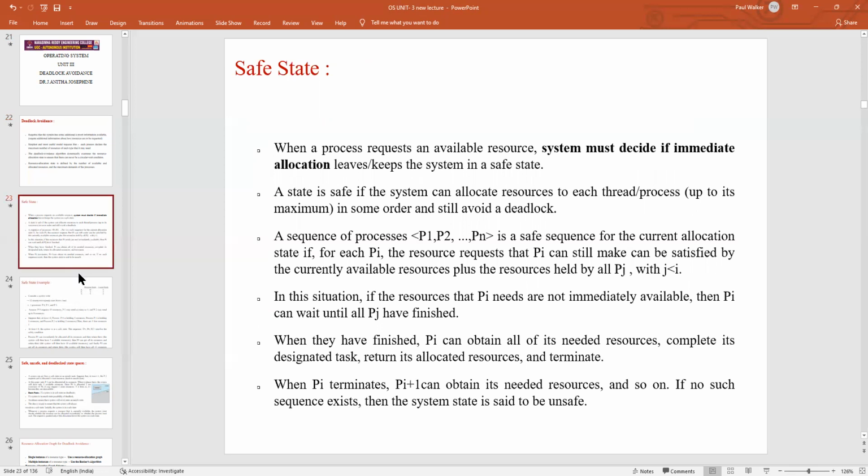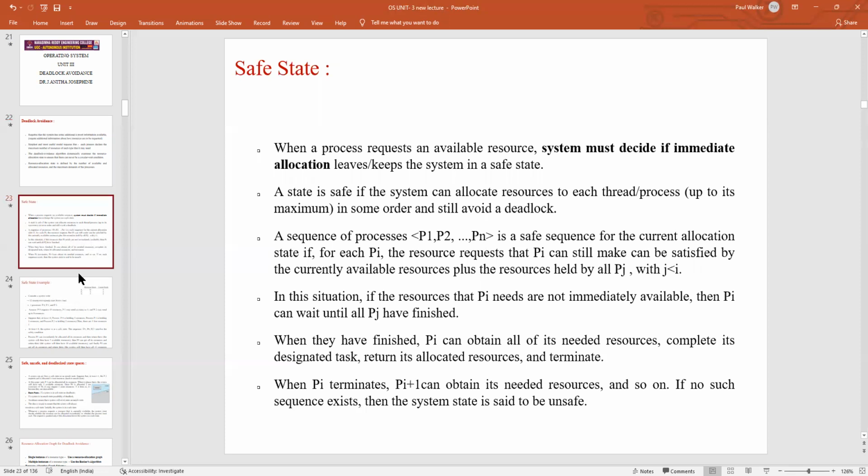A safe state is whenever a system allocates the resources to each and every process in some order, so the condition of deadlock will be avoided. When a process makes a request for an available resource, the system must decide and immediately allocate the resources. That condition is called a safe state.